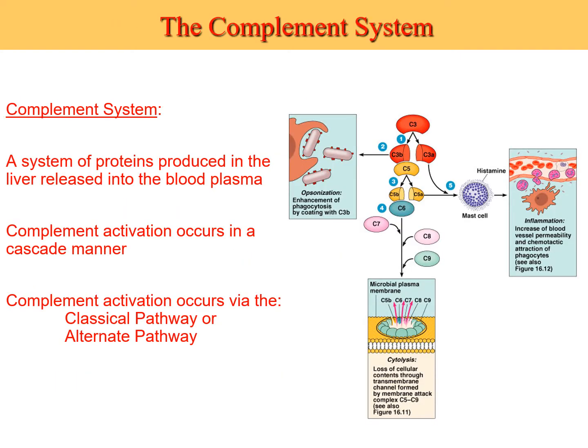Okay, now in the bloodstream, in the plasma, are a series of proteins. They are synthesized in the liver and secreted into the blood plasma, just like albumin is, or some of the clotting factors are.